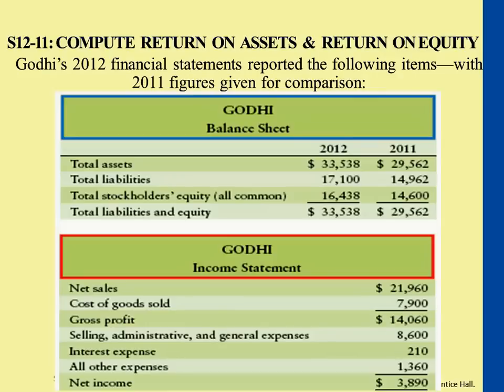Okay, how do we get ROA here? The numerator, we start from net income, and then we add the interest expense, which is 210, yes.